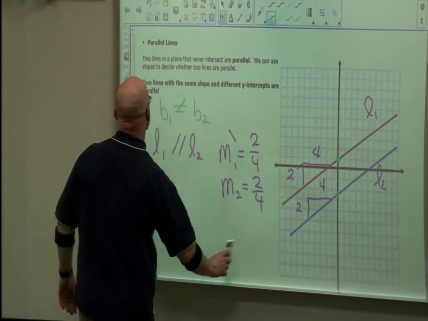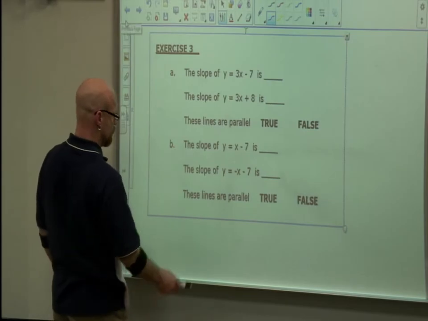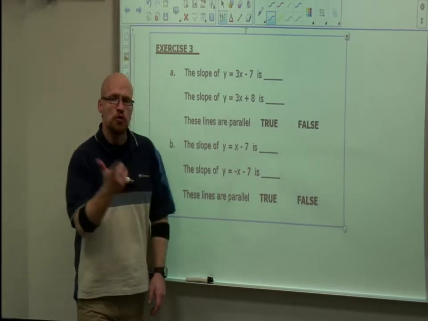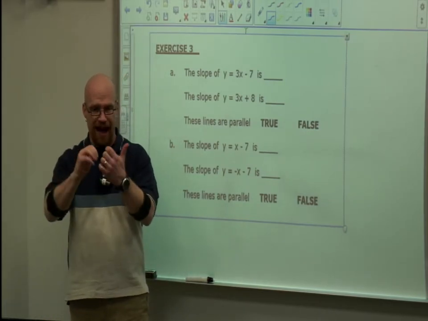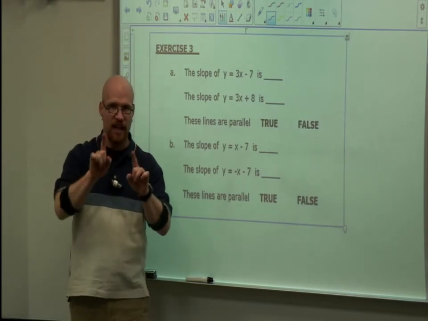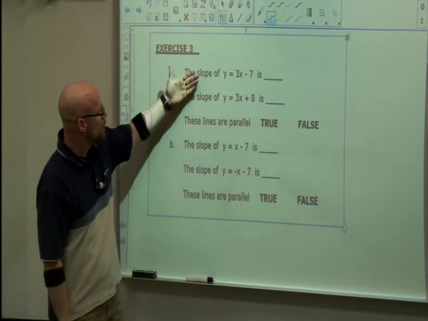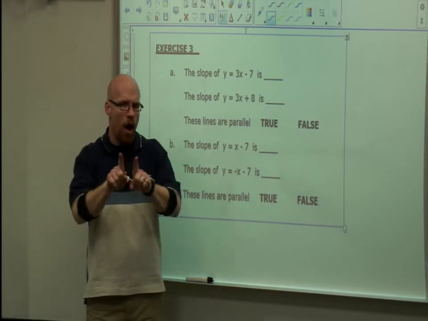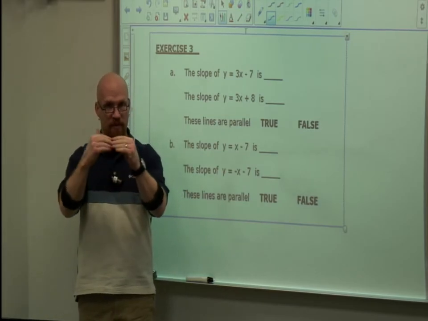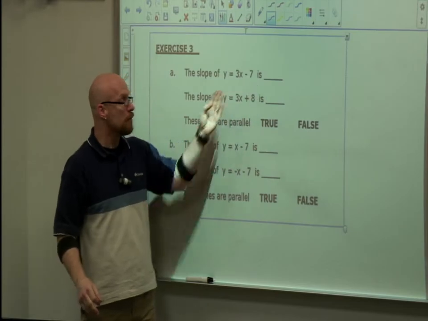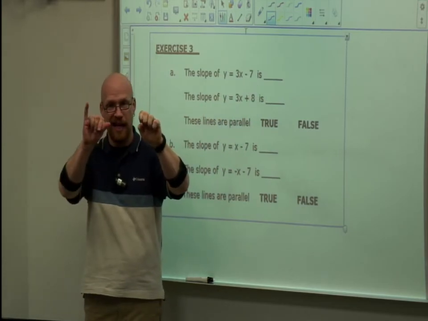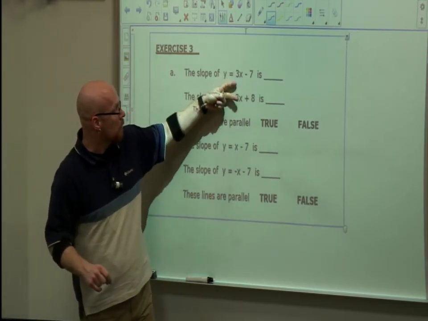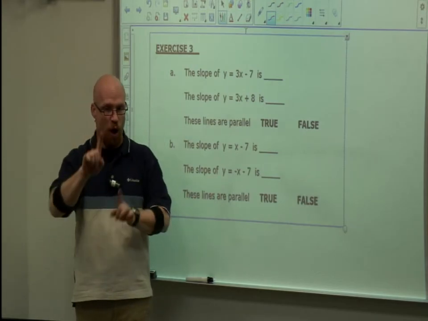Now, we just showed on the graph how we can figure out if two lines are parallel or not. But we also know from this type of equation, the slope-intercept form, we can decide if these two are parallel or not.